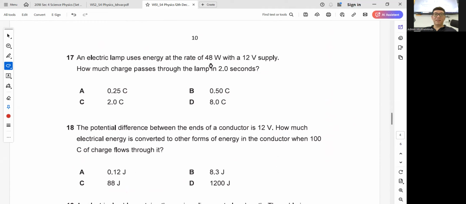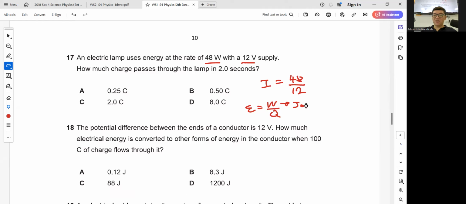Okay. First, what you want to do is to find I. Do you find it? I use E equals W over Q. What do you use for W then? That's where you're wrong. W is work done.